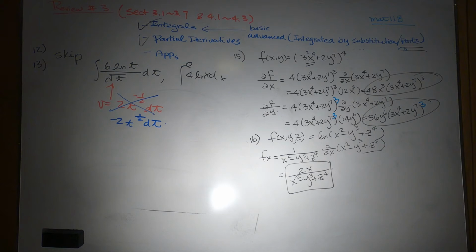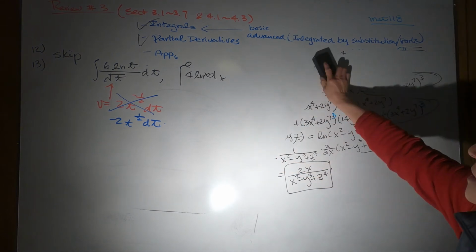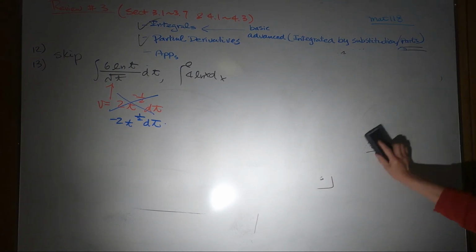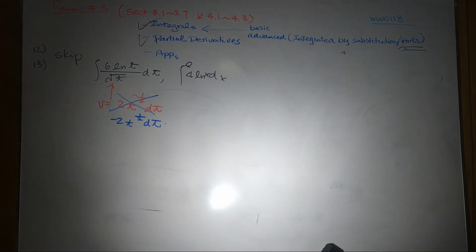Okay, and we are going to skip 12 and 13, but if you are interested, then figure out what was the typo, you can fix it. If you have questions, text me, then we can talk over.